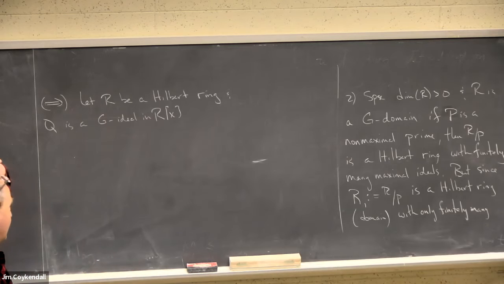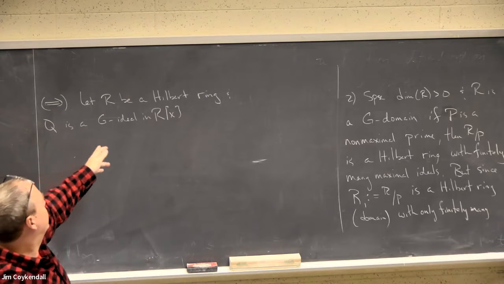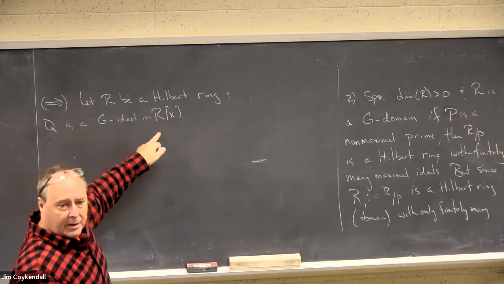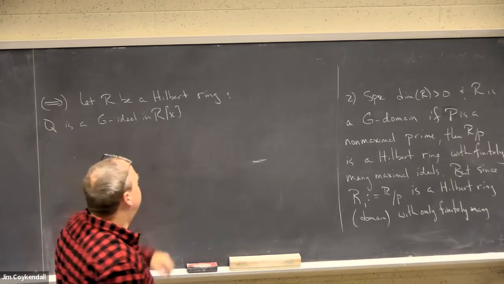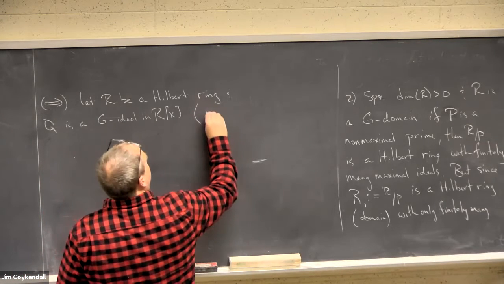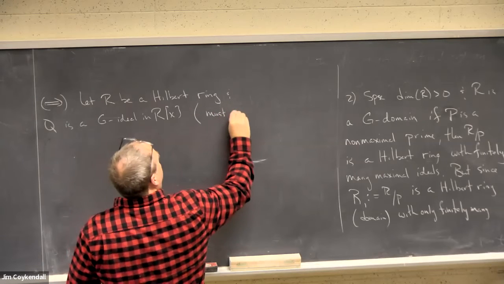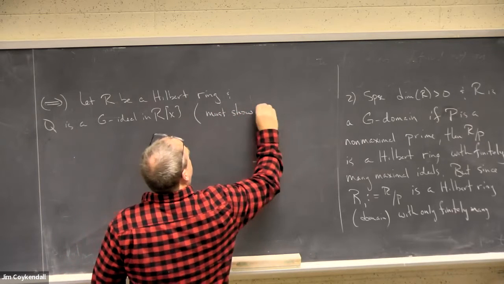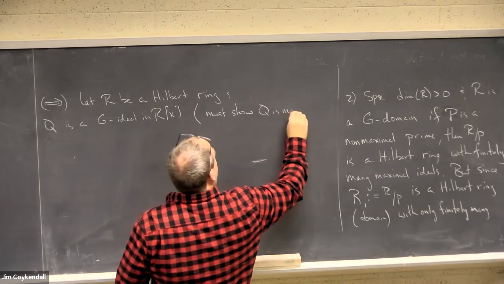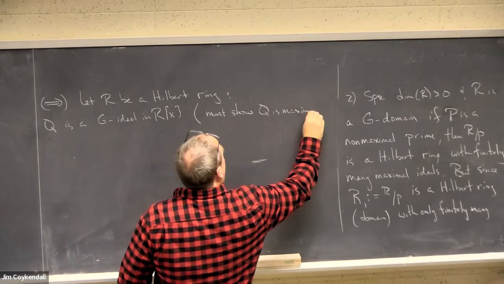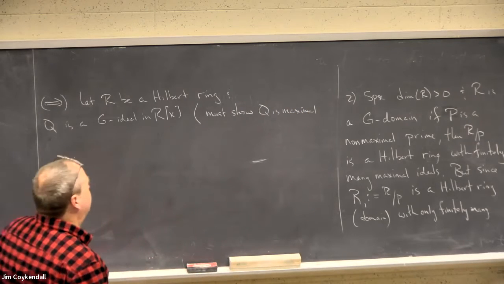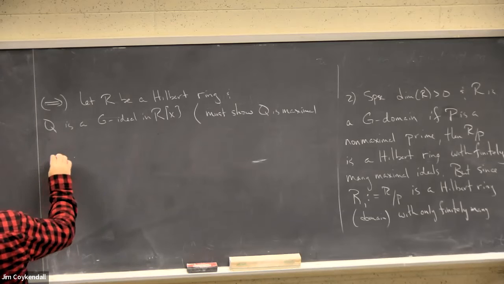Now, we know that R is Hilbert, Q is some G ideal up here. Our burden is to show that Q is maximal. That's what it means to be a Hilbert ring, that all the G ideals are maximal.